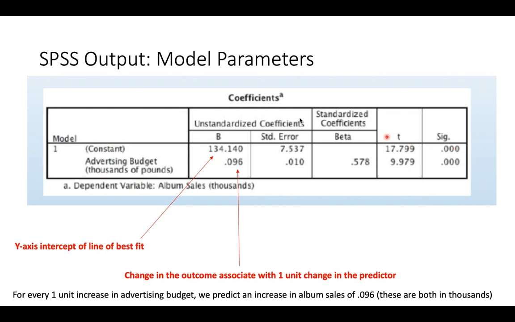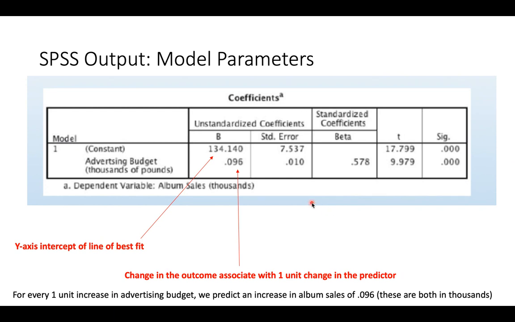The next thing you're going to get is called the model of coefficients or parameters. This is where we derive the exact nature of the slope and intercept of our regression line. Don't worry about all this stuff over here to the right.